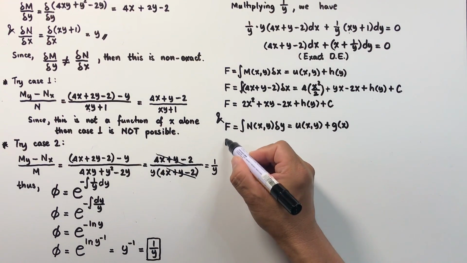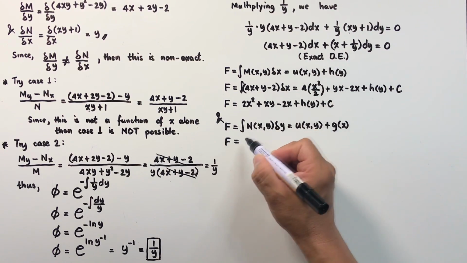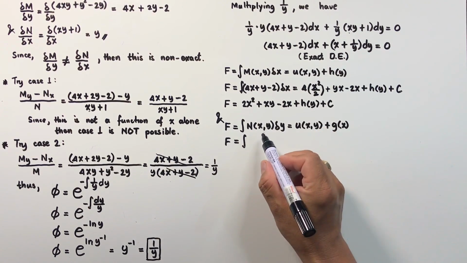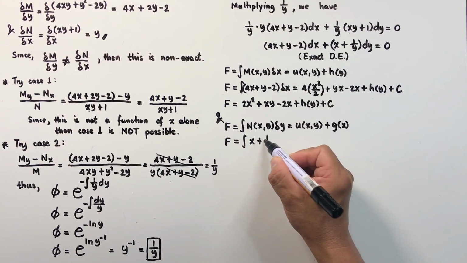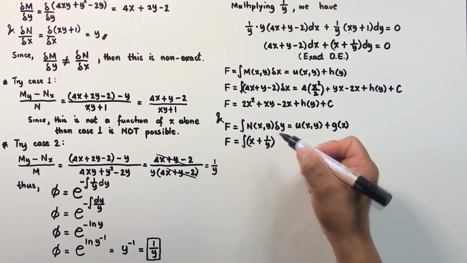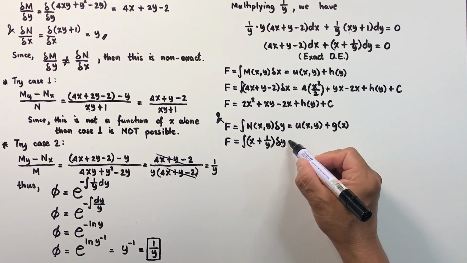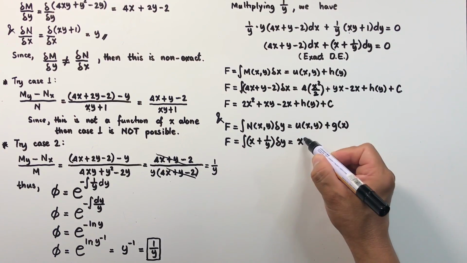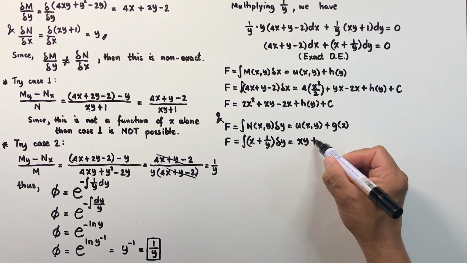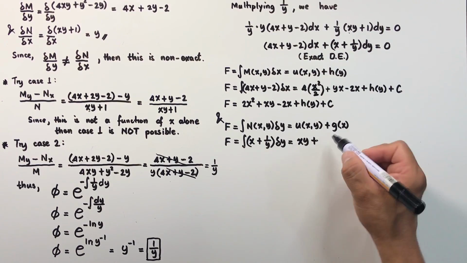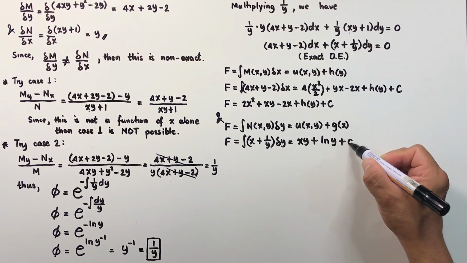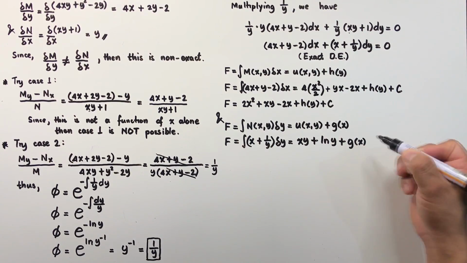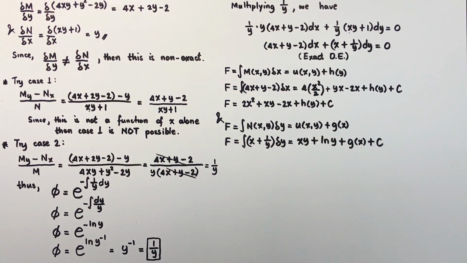So we have our solution big F, the partial integral of our N, which is this one here: x plus 1 over y with respect to y is equal to xy plus the integral of dy over y, which is the natural log of y, plus the function in terms of x alone, g of x, plus the constant of integration c.